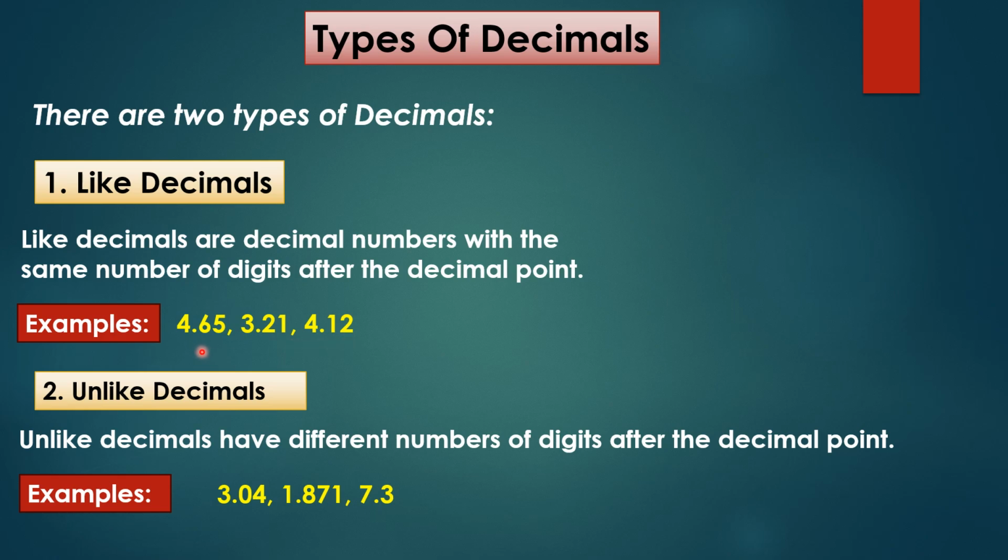Each number has two digits after the decimal point. Unlike decimals have different numbers of digits after the decimal point. For example, these are decimal numbers: 3.04, 1.871, and 7.3. Each number has a different number of digits after the decimal point.